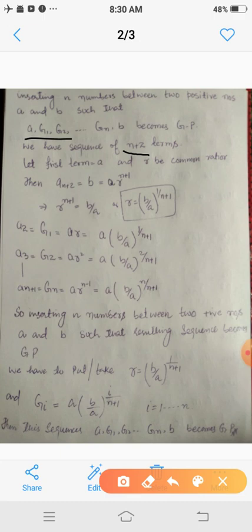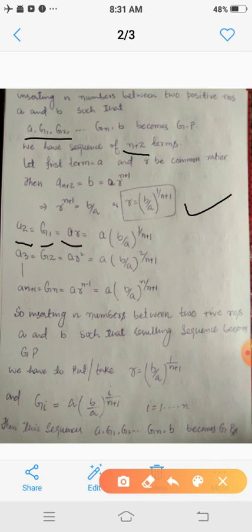This implies that r equals b upon a raised to power 1 by n plus 1. So if we have to insert n numbers between any two numbers such that the resulting sequence becomes a GP, we have to put the common ratio as b upon a raised to power 1 by n plus 1.